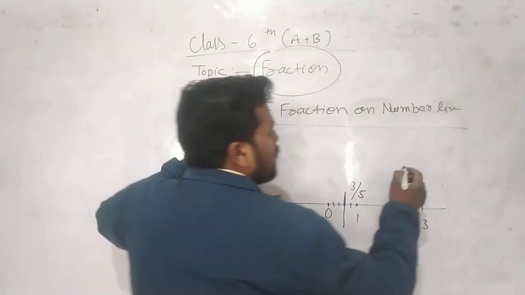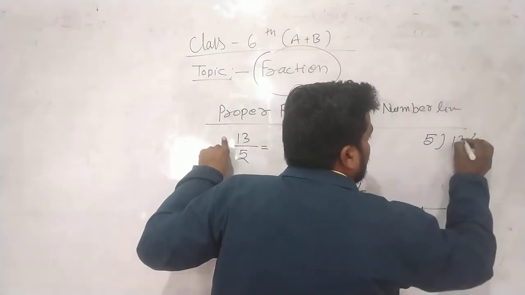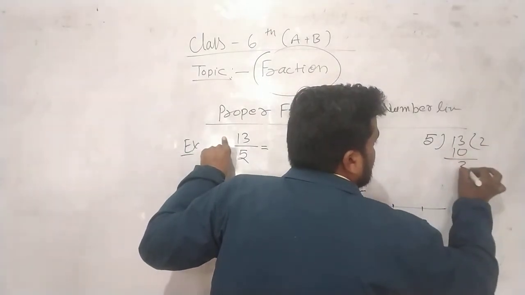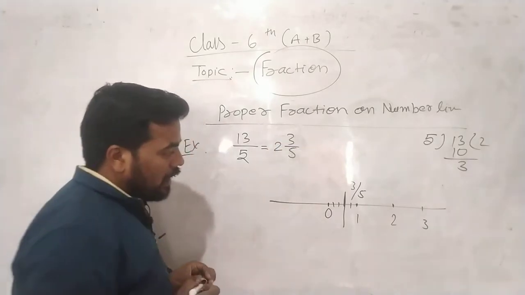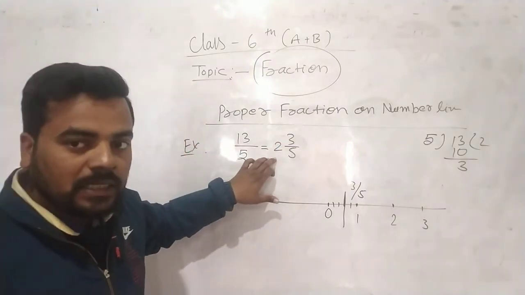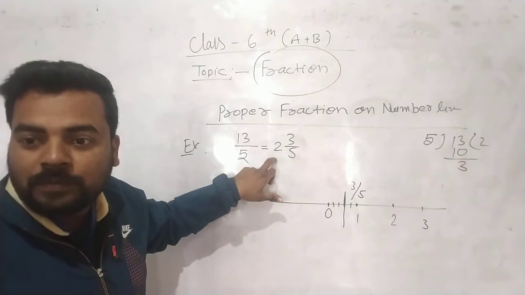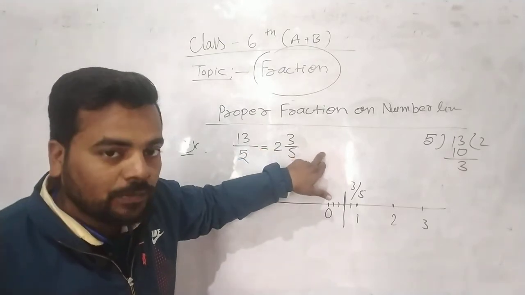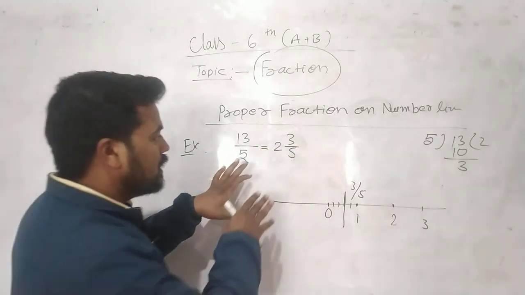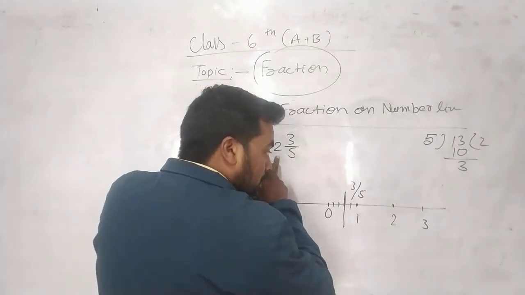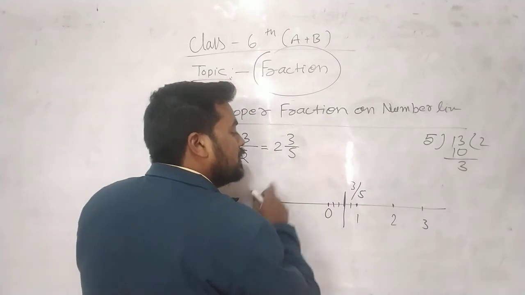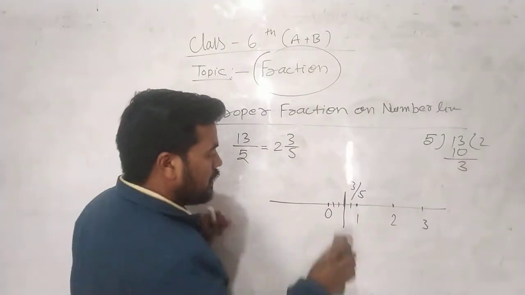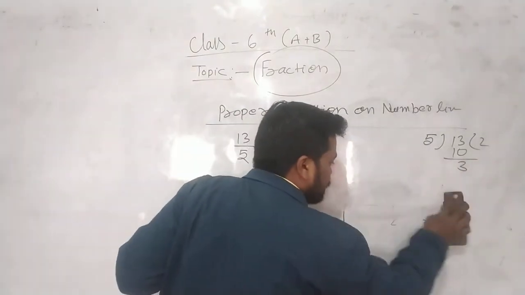Okay, so अगर हम इसको mixed fraction में change करते हैं तो 5 2 ja 10, it means whole 2 3/5 you will get. It means this mixed fraction is greater than 2 and smaller than 3. It means this fraction is represented between 2 and 3, क्योंकि ये 2 से बड़ा है और 3 से छोटा है.